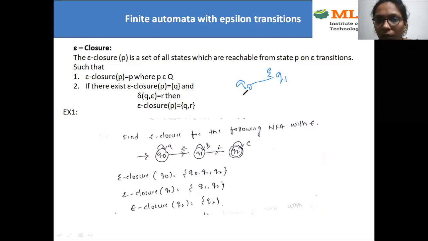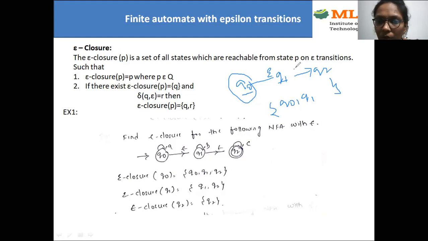If I want to find the epsilon closure of Q0, obviously the state itself is included, and Q0 on epsilon goes to Q1. I could stop here, but Q1 also goes to Q2 on epsilon only, so in that case you can consider Q2 also.